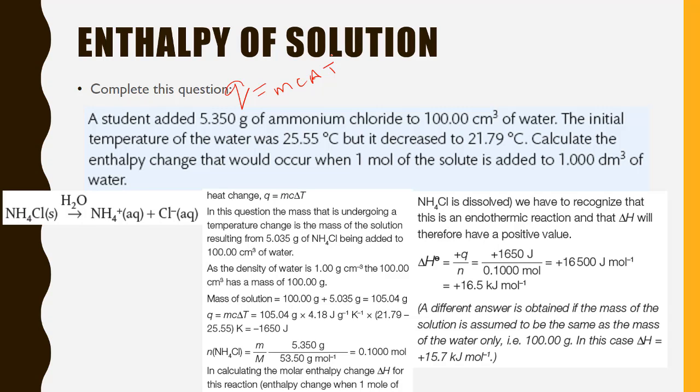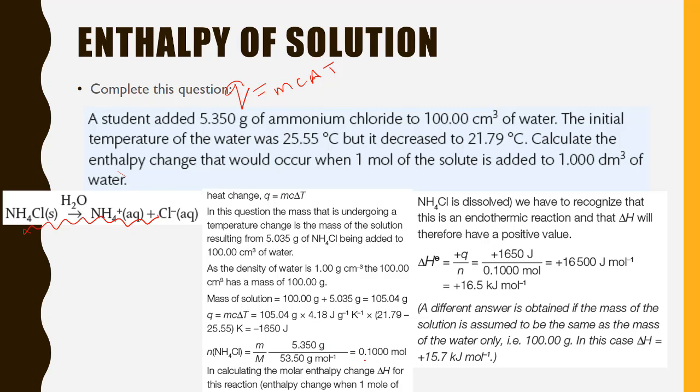Okay, so hopefully what you realise is that we are having dissolution of an ionic compound. The ammonium chloride is dissolving, so it will be an endothermic process, which is why the temperature decreased. We can calculate the heat using Q equals mc delta T, and we'll get negative 1650 joules.